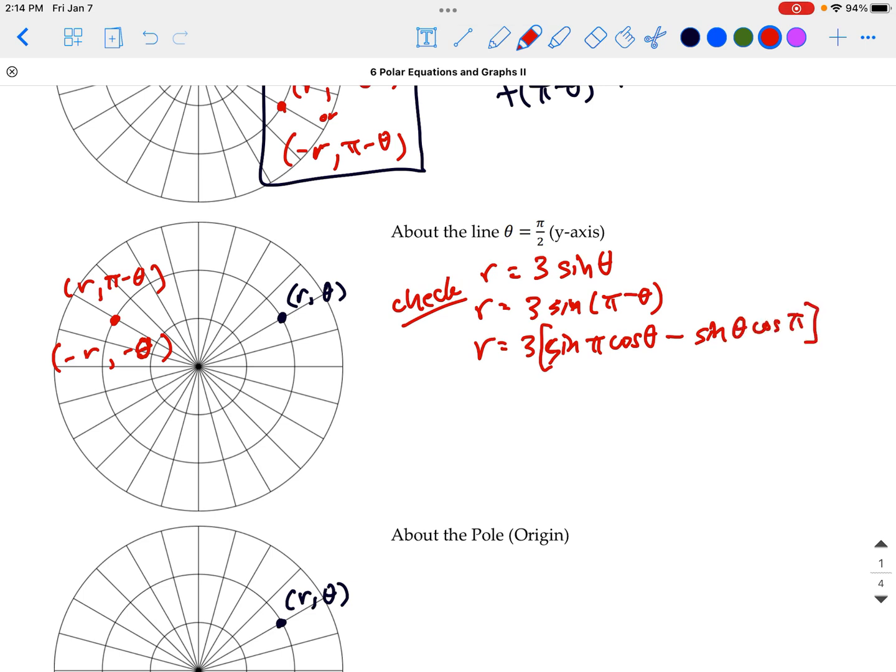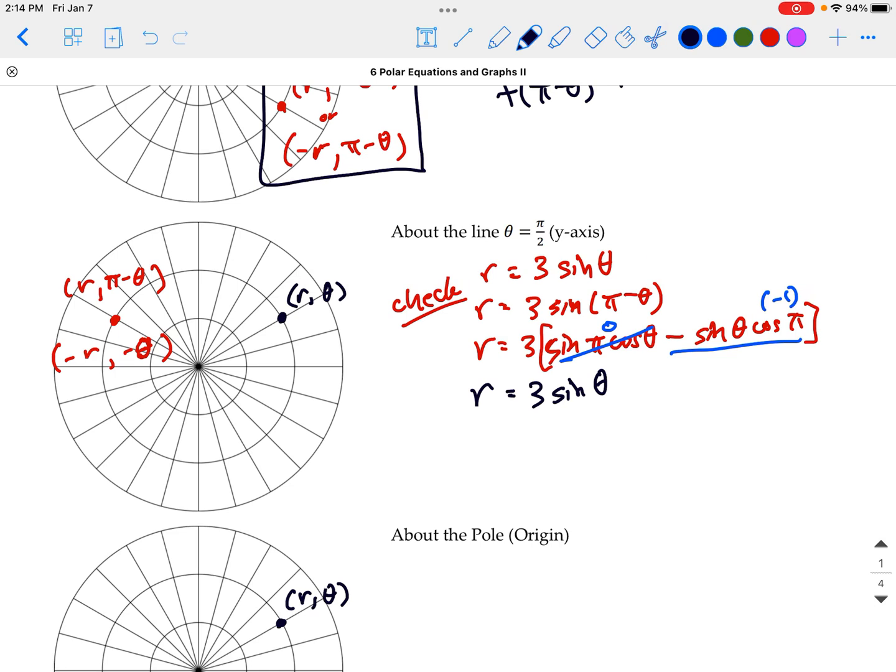What we'll notice here is that we're using this trig identity for the angle sum or difference of sine. And sine of pi is just going to be 0. So what we're left with is this negative sine theta cosine pi, but cosine pi is negative 1. So then we end up with r is equal to 3 sine theta.